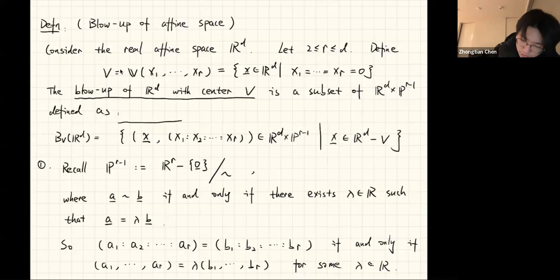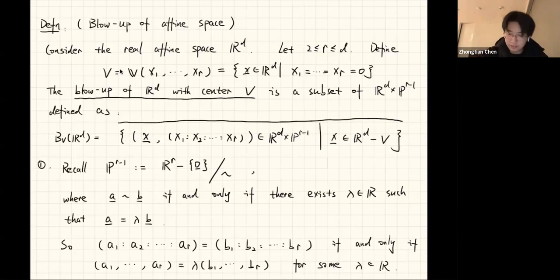And then we take the closure in this product space. So first we take the set, which is a subset of this product space, and then we take the closure.